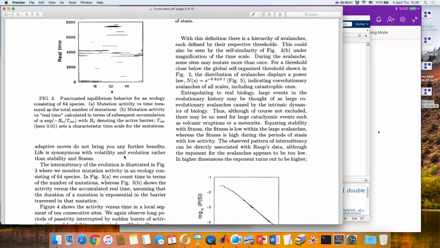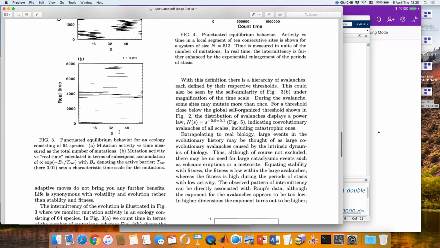Since you are always changing the weakest ones, whenever you make the small change, it takes very little time. Okay? But the big changes take a lot of time. So that's why suddenly something turns into something else and then stays that way because it became fitter, much fitter, right?